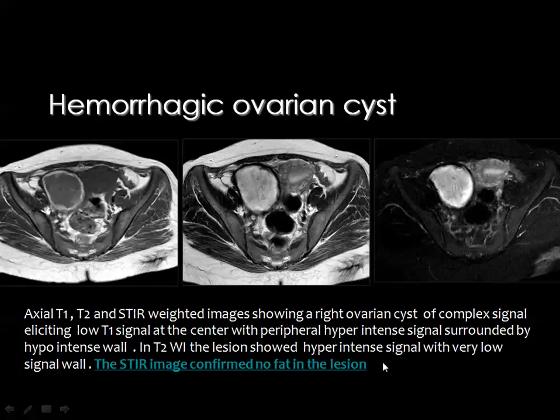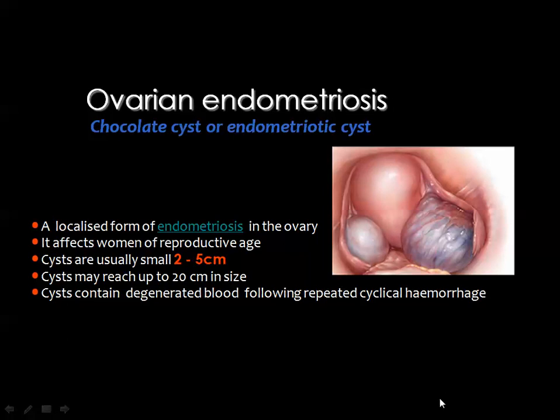And whenever you are confronted by a cyst which is of high signal in the T1 weighted image, you should have some of the sequences which suppress fat in order to be sure that you are looking at not fat but blood. And this is an example here, the cyst in the T1 and T2 weighted image, and in the STIR image or any of the fat suppressed images, you see that the cyst is not suppressed, meaning that it contains blood.